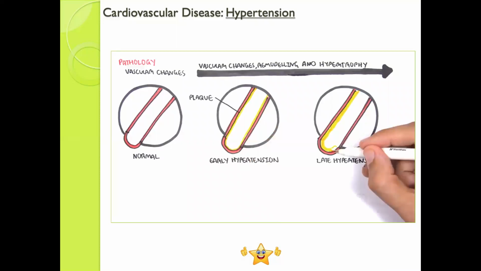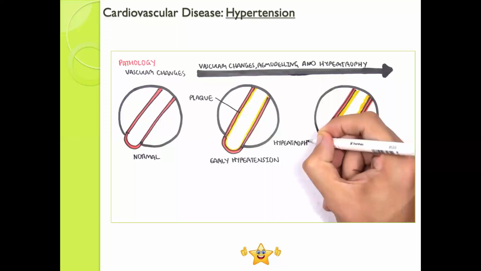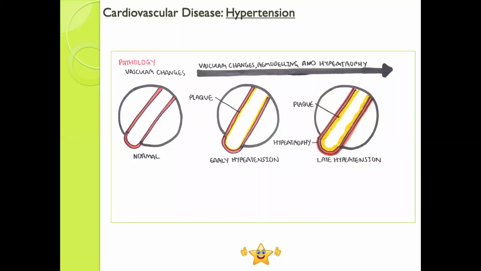And in the late stage, you get even more plaque buildup due to the dysfunction of the endothelial vascular wall. And you also get hypertrophy. All these changes result in narrowing of the lumen and buildup in vascular pressure, resulting in or aggravating hypertension.